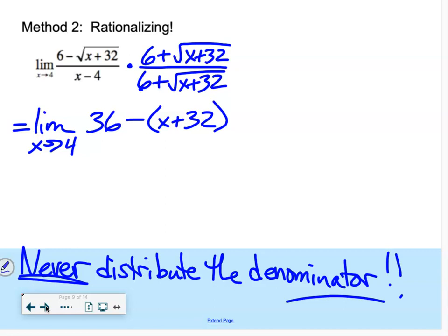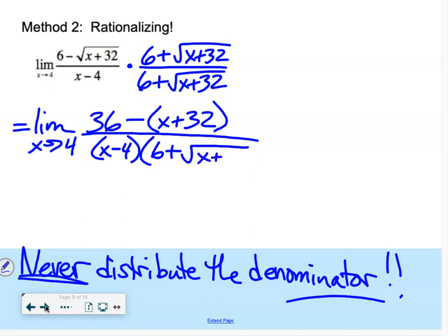You never distribute the denominator because the denominator is already factored, and if you distribute it, you're not going to be able to see your factors that cancel. So you keep the denominator factored. So the denominator stays x minus 4 times 6 plus root x plus 32. Never distribute the denominator.